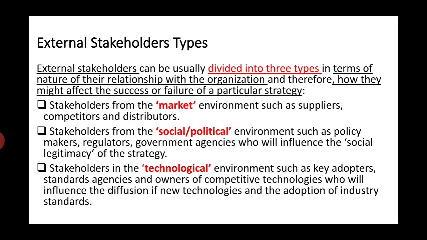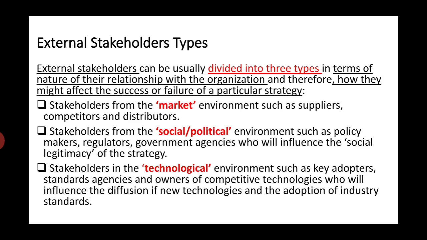And the third one is the technological environment. Stakeholders from the technological environment. Mainly key adopters, meaning main associations in the technologies, people who are holding technology in their hands, who are forming, designing, developing, and owners of competitive technologies, who are updating the market with the latest type of technology, who are controlling the market of that. They are called technological environment.